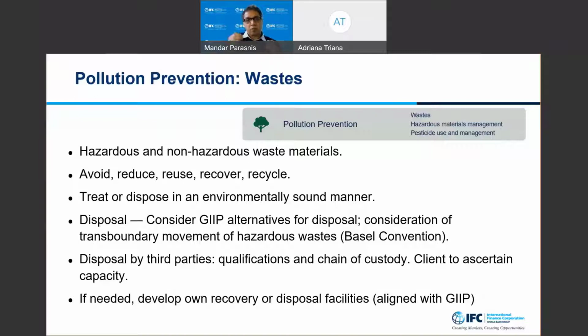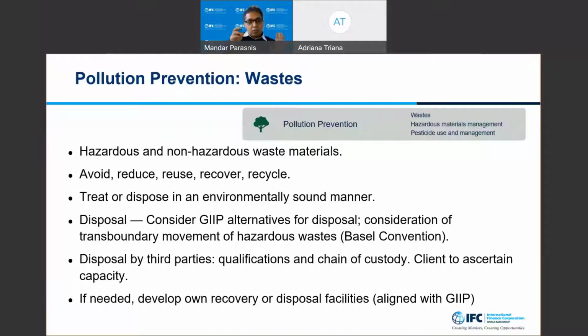So there is a difference, and we also expect and understand the clients will take time to achieve it over time. So whenever you are designing new facilities, the guidelines should be followed. If you are looking at an existing facility, then we have to look at some site-specific situation, what are the options, how they can achieve the GIIP over the period of time in a technically and financially viable manner.